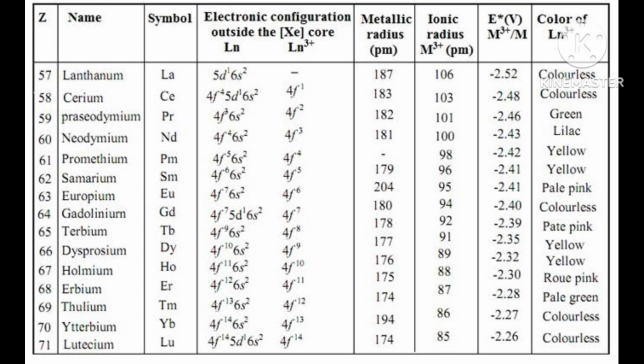Here you will get this thing called d already started. One electron came in d. That's why again it became less. Radius became less, 180 only. And Ln3+ means 94. You see how contraction is going on.